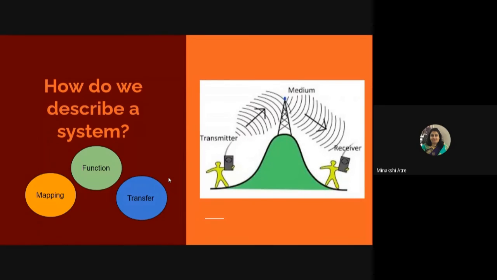So these are the keywords like mapping, function, transfer, and we can juggle between these words like mapping function or transfer function, like H of s or H of z. So it's all about how we describe a system, and this description always needs some function. It may be H of z or it may be H of s.